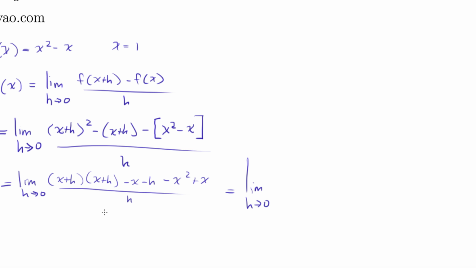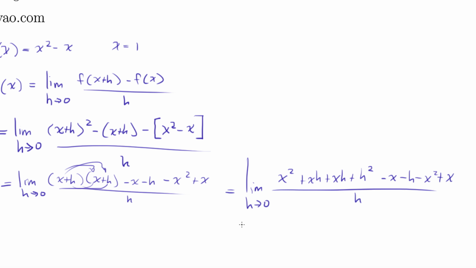We FOIL, so x squared, x times h, xh, h times x, xh, and then h times h, h squared. Minus x minus h minus x squared plus x over h.